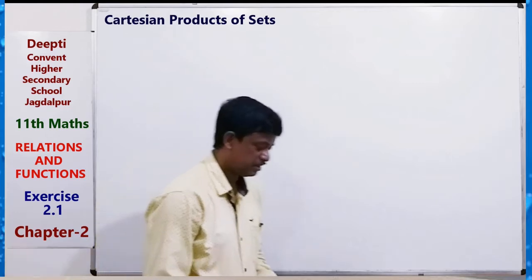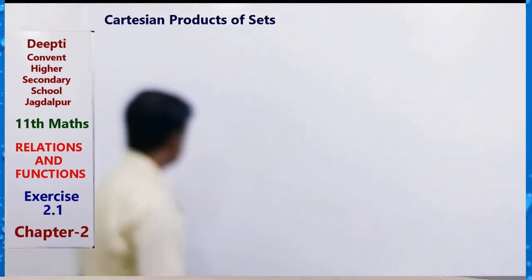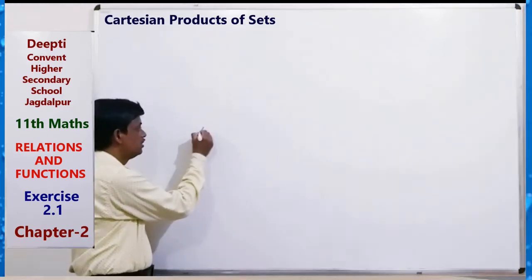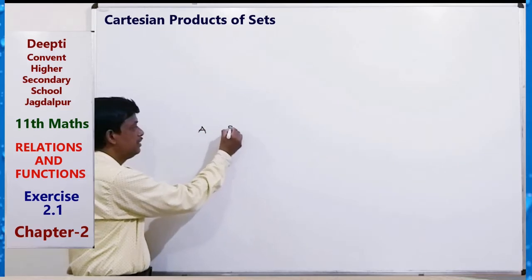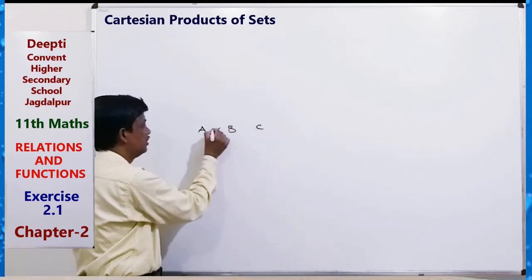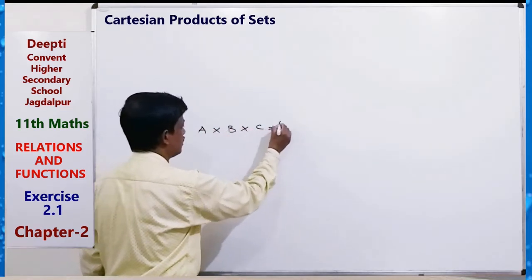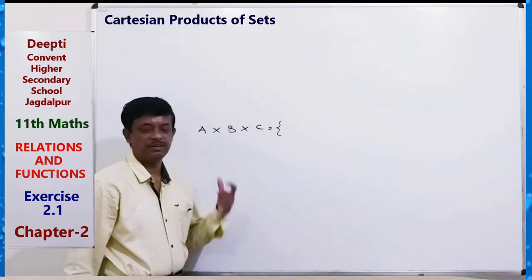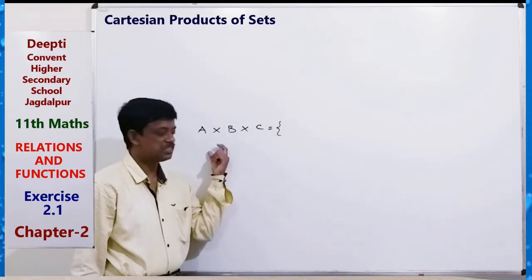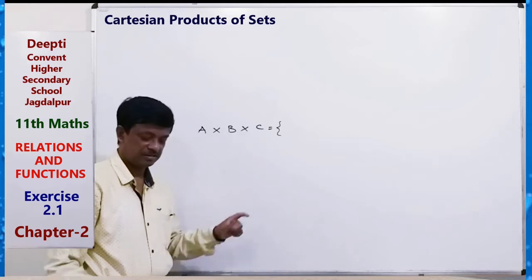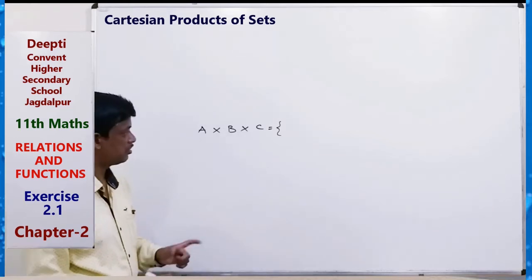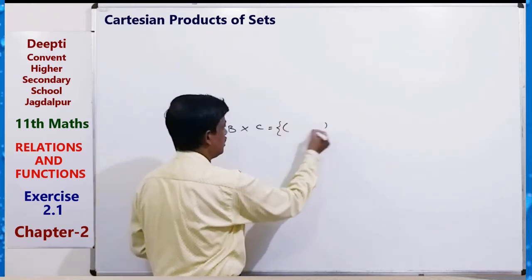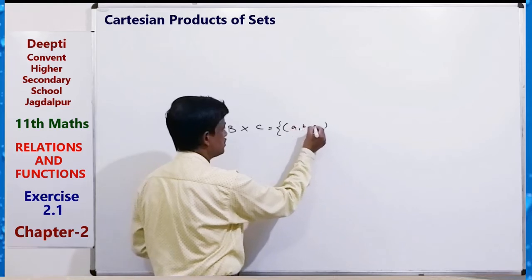Clear? And suppose there are 3 sets, A, B, C, non-empty. Then A cross B cross C means what? A triplet. Means 3 elements, not an ordered pair, a triplet means 3 elements a, b, c.